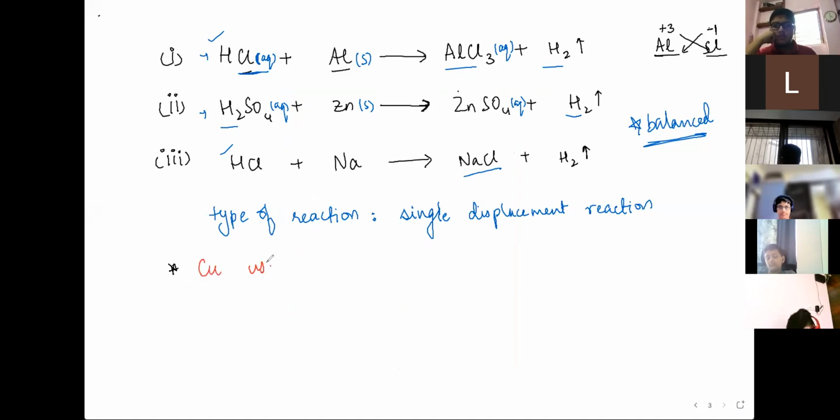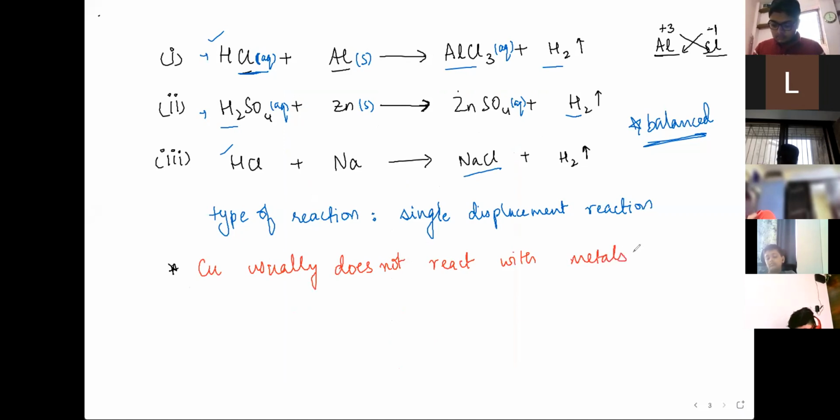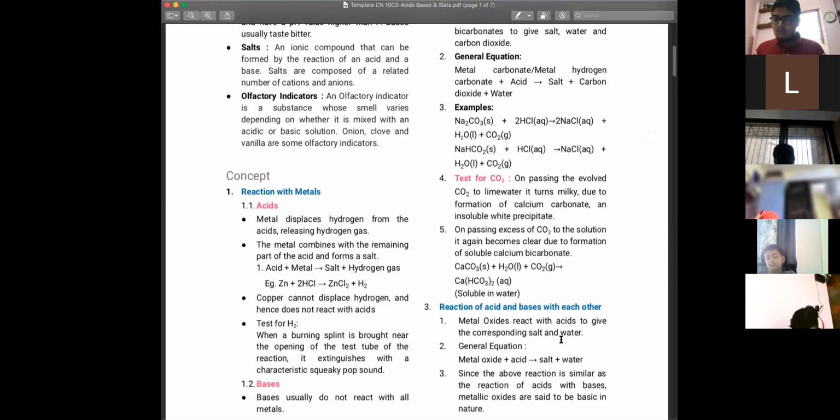Copper usually does not react with acids. Actually, let me see if it is there in the chapter notes. Oh, hang on, don't note it down yet. I'll show you. Yeah, note this point down here.